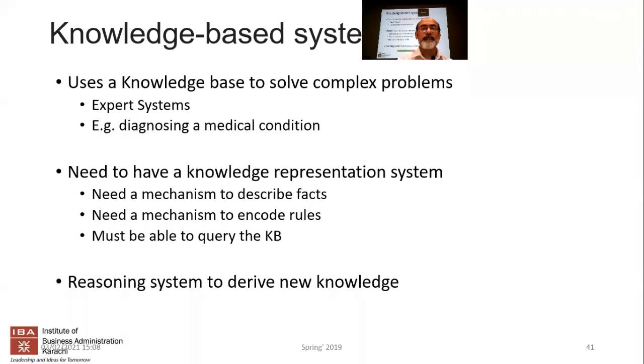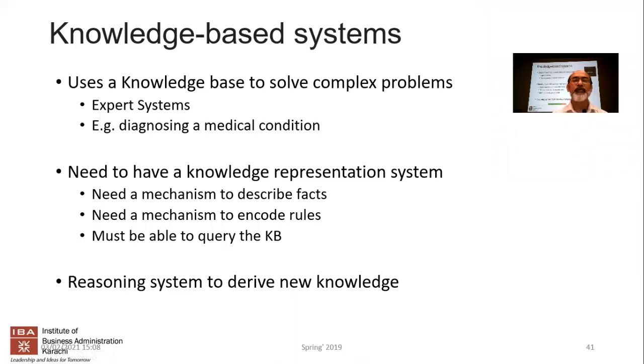Okay. So if you think about knowledge-based systems, you could use knowledge-based systems to solve complex problems. For example, you've heard of expert systems, which are often used, and they have a database, okay, and they're using that database, for example, to solve a problem. So, for example, if you have a medical system, right, you could have a huge database of all kinds of problems, diagnoses, and diseases and their diagnosis and so on.